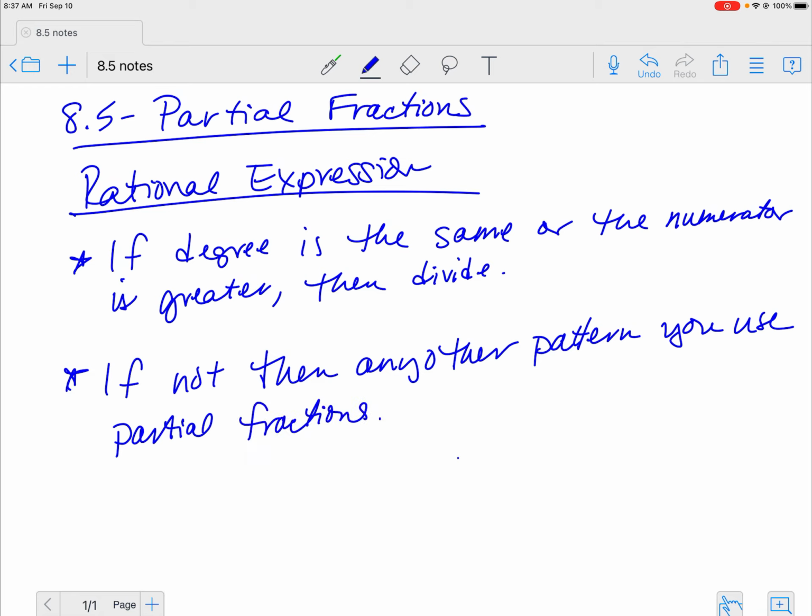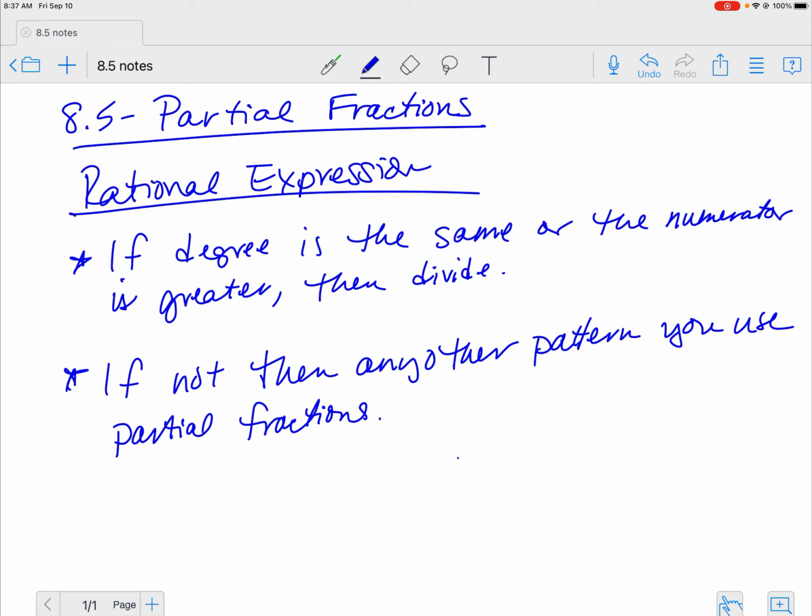All right, but here's the key to partial fractions. So yes, you're going to use partial fractions for this. Partial fractions is just an algebraic representation. It's just a way to rewrite rational expressions so that you can actually integrate, okay?